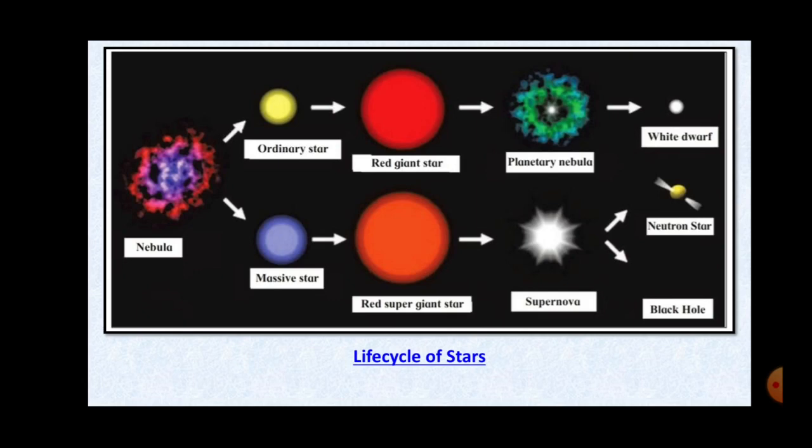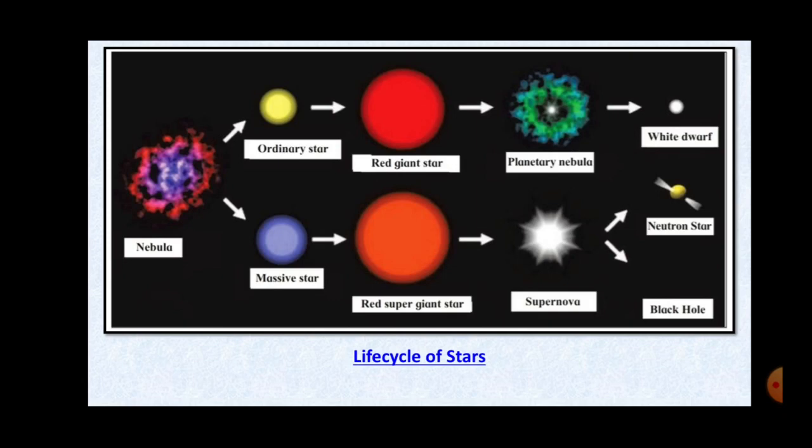Now, in this stage, the pressure in the star becomes independent of the temperature, and thus it is able to maintain the balance with the gravitational force. Here the star looks very small, and due to its size, it is called a white dwarf.